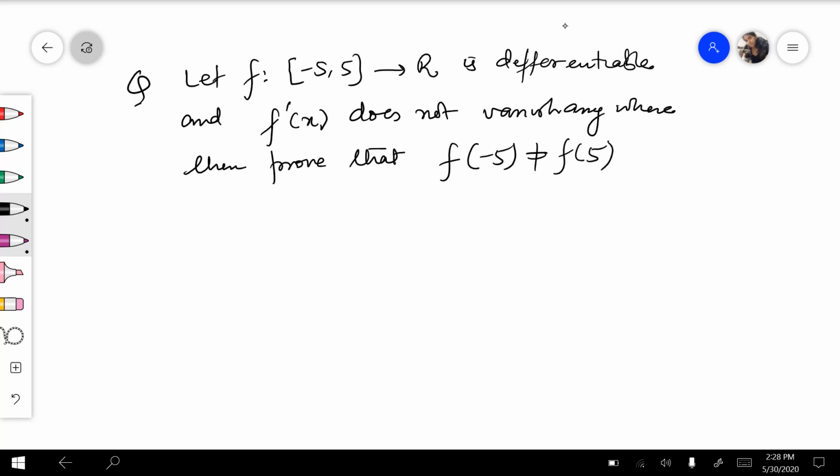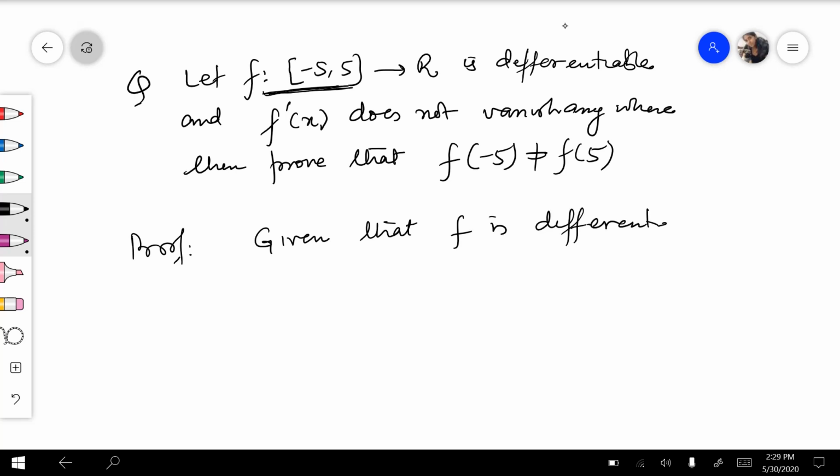So we can solve this question using Rolle's theorem as well as the mean value theorem. मैं दोनों से आपको करवा देता हूँ। तो सबसे पहले मीन वैल्यू थ्योरम से करते हैं। We are given that f is differentiable on the closed interval -5 to 5.